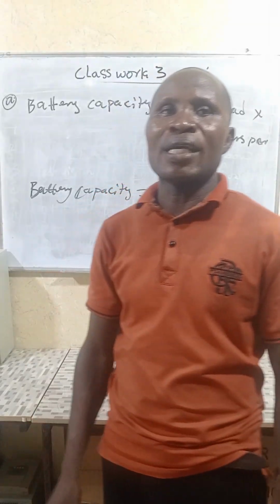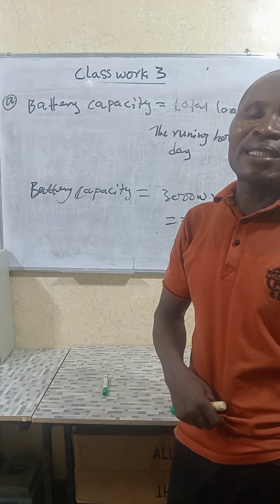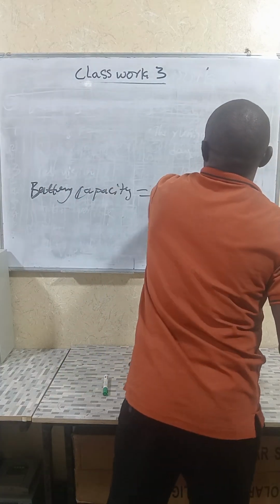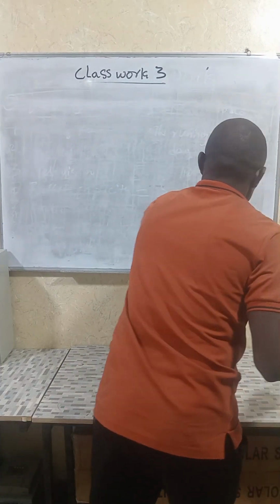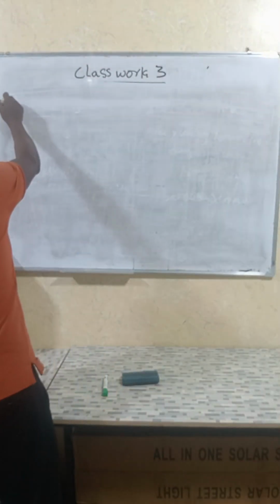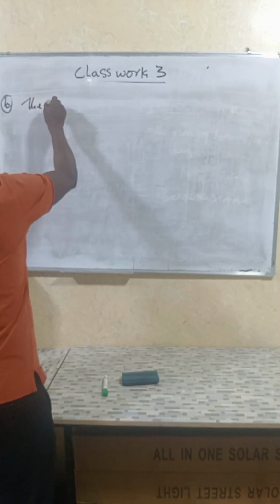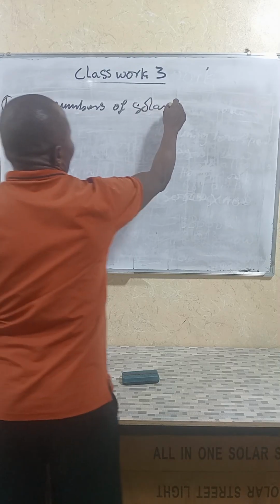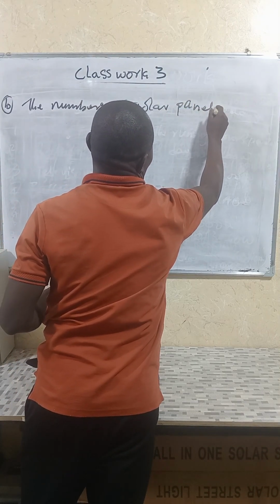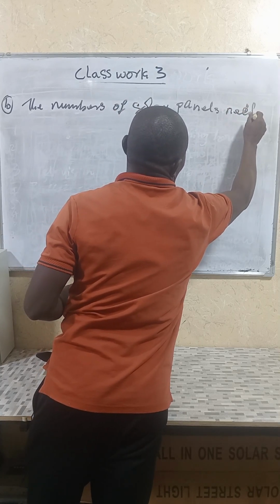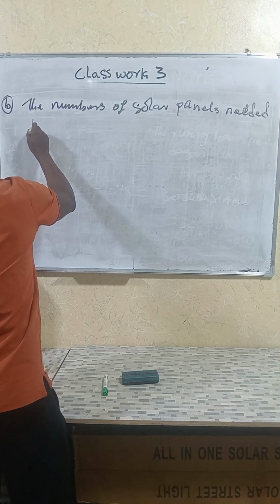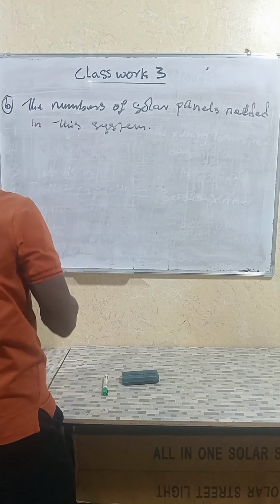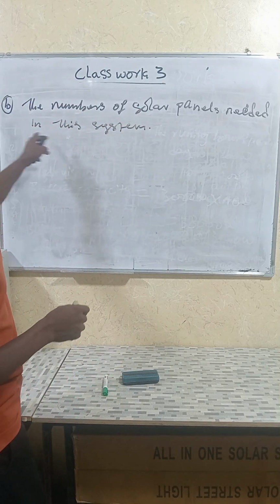Now, as we want to move on to calculate the number of panels, B, the number of solar panels needed in this system.